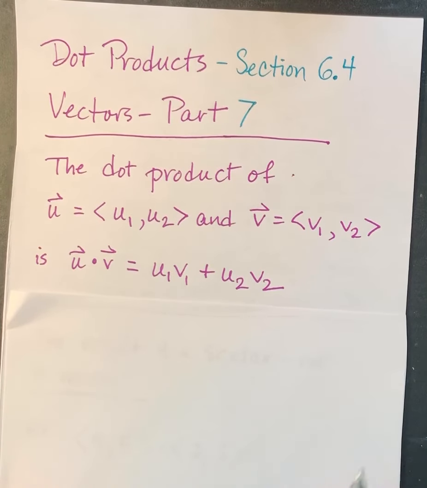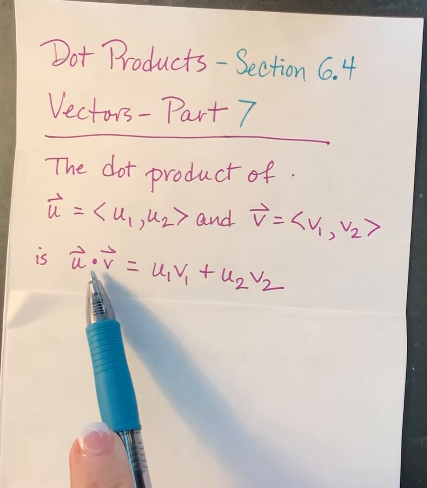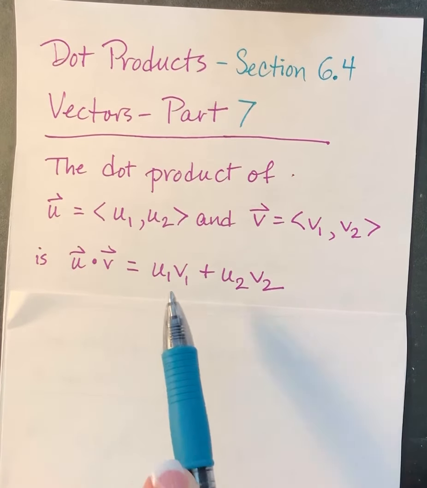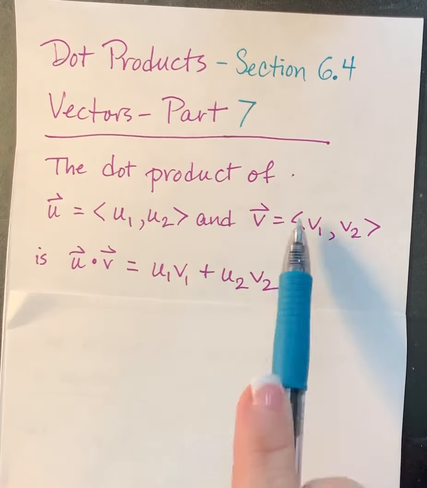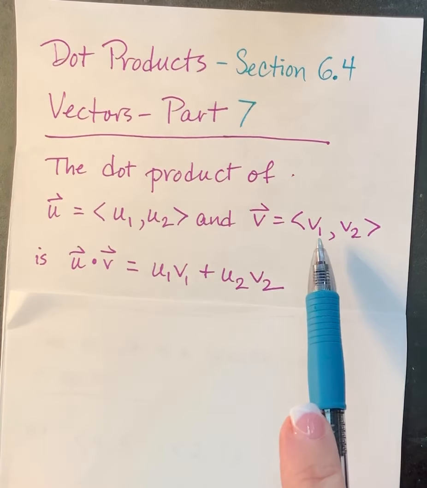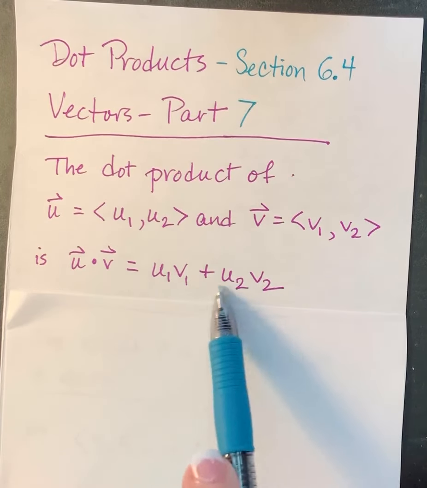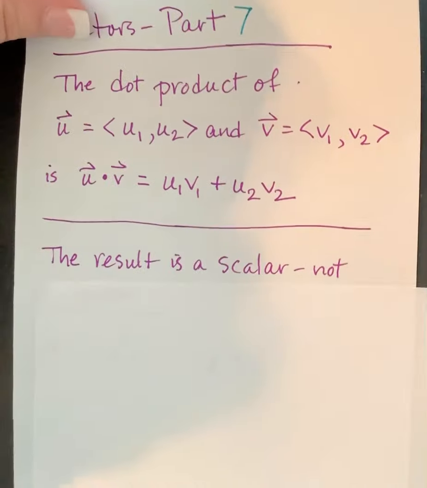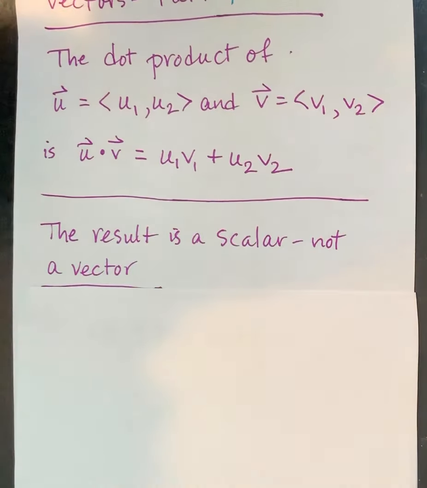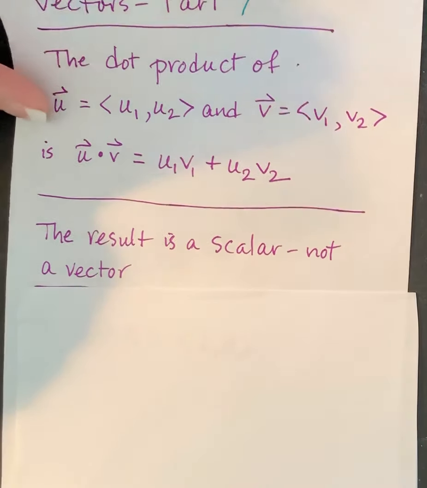The dot product of vector u and vector v is written where you put a little dot in between them, and you multiply the horizontal components of each together, and you multiply the vertical of each vector together, and then you add those amounts. And it's important to realize that the result you will get will be a scalar. It'll be a real number. It's not going to be another vector.